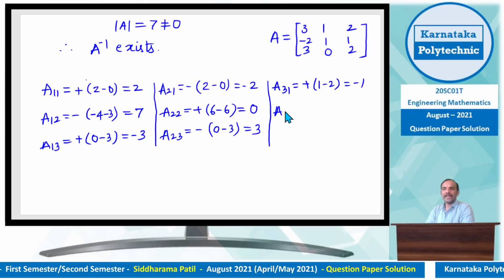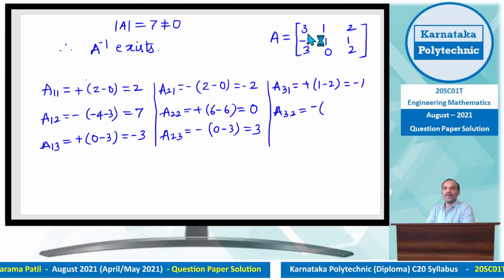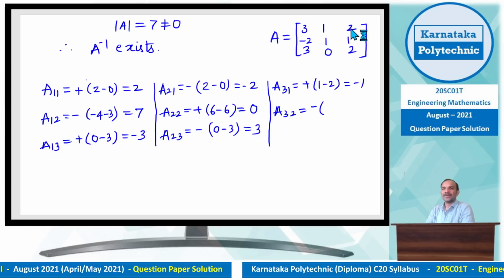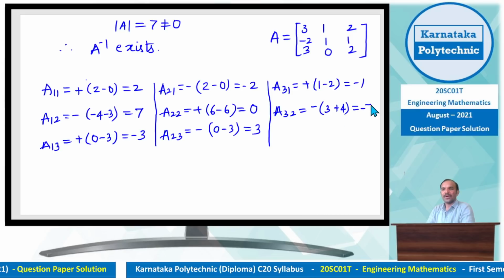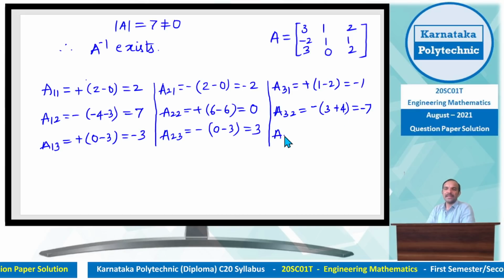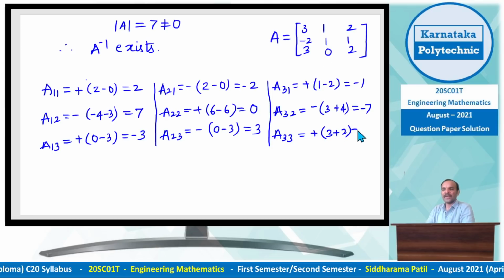A32, third row second column: minus, 3 into 1 is 3, minus 4, minus of minus is plus 4, that is equal to minus 7. A33, third row third column, it is plus: delete third row third column, 3 into 1, 3 minus 2, 3 minus of minus is plus 2, that is equal to 5.